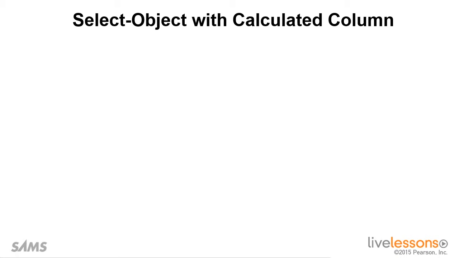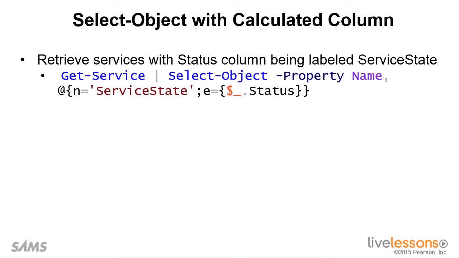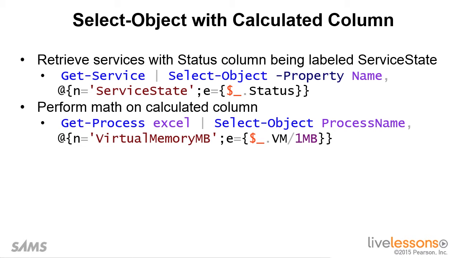Let's take a look at examples of Select-Object with calculated columns. In this example, we are going to retrieve services with the status column being labeled as service state. Like I had said, we are using this calculated column to rename the status column. You can also perform math on a calculated column. This is going to be more of the common use of calculated columns, is to perform a certain expression.